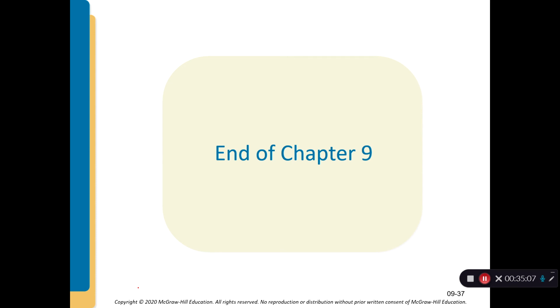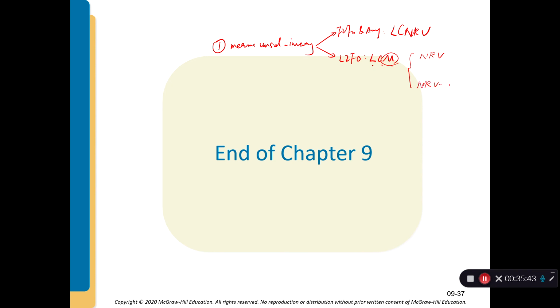This is what the chapter is about. Just to recap, first of all, we introduced how to measure unsold inventory. And we introduced that on the LIFO method, we want to use LCM, lower of cost or market. On the FIFO and the average method, we want to use the lower of cost and NRV method, right? And we say market is actually between the NRV and NRV minus the profit margin, right?